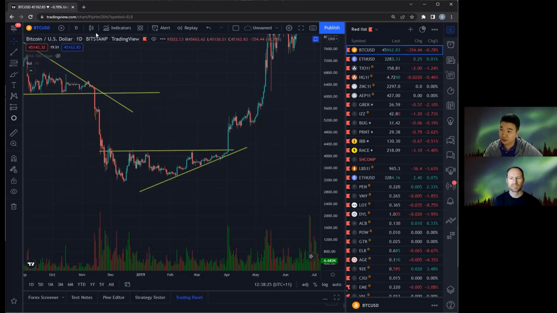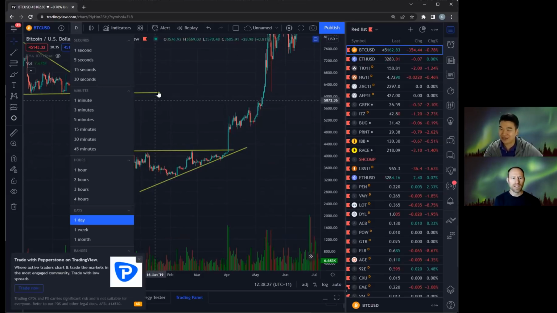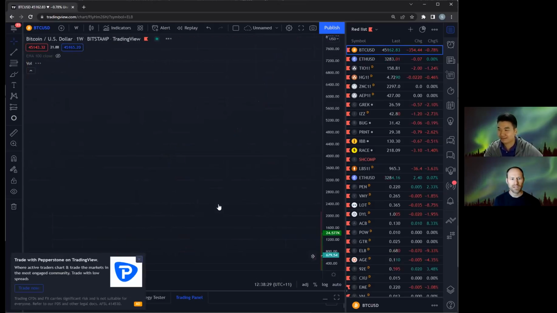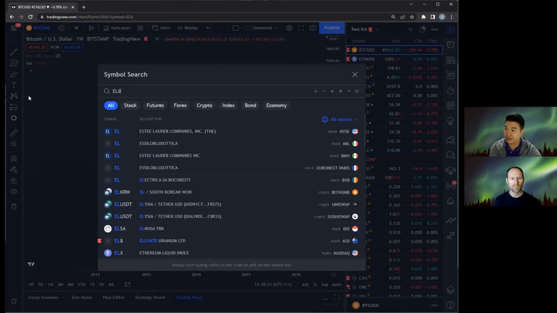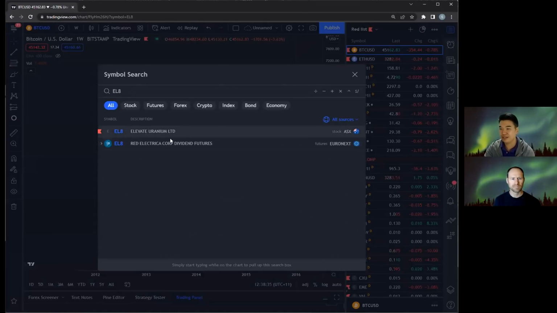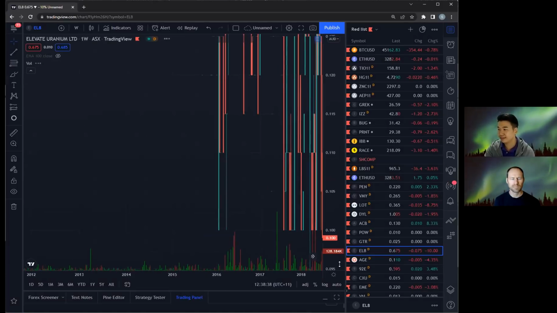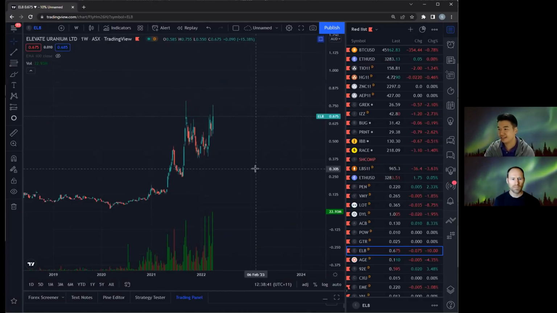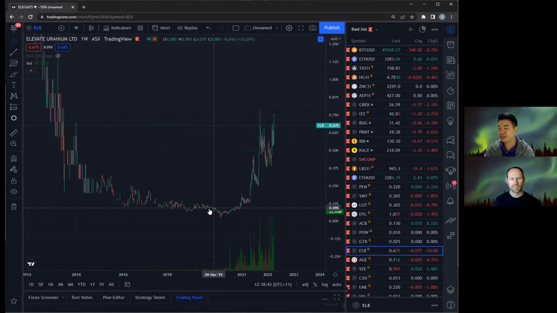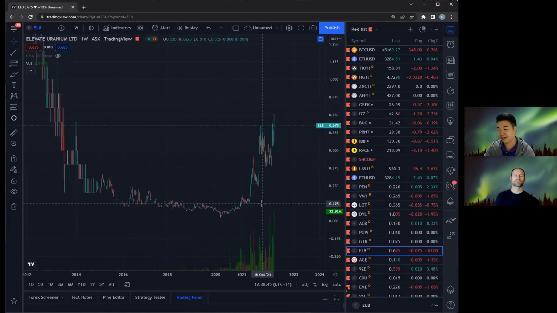But an even surer bet for me is when you're in a clear uptrend. I'll use Elliott as an example, because I did scale in a lot into Elliott during the last pullback. This was my biggest purchase during the last pullback. Elliott's bottom came off here.